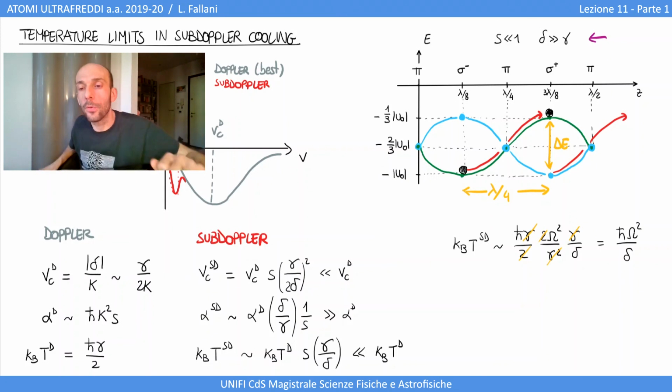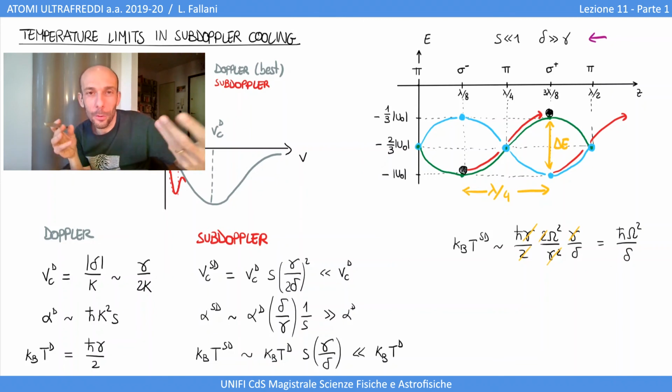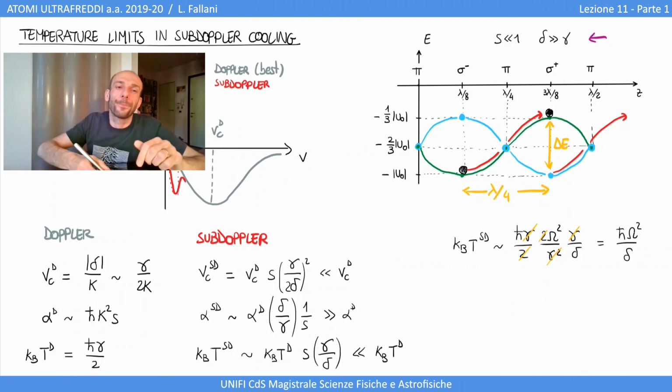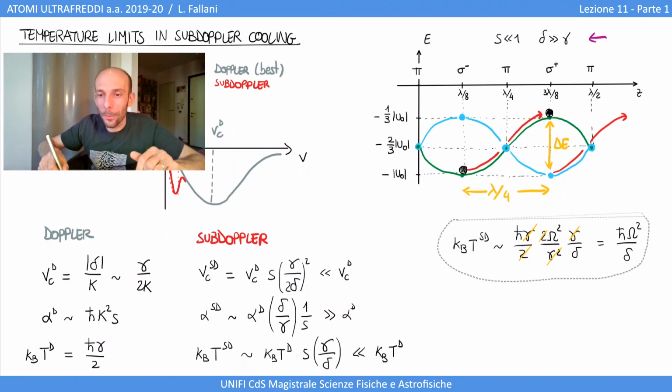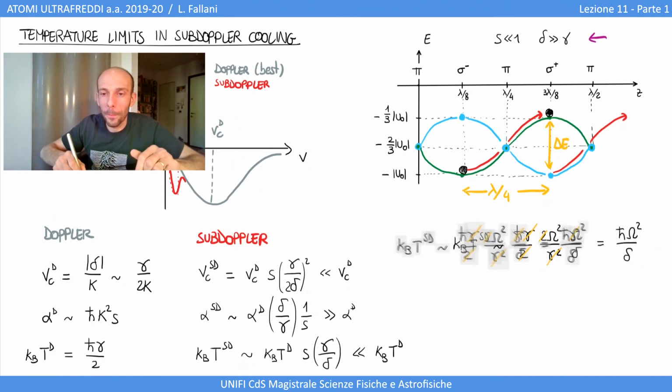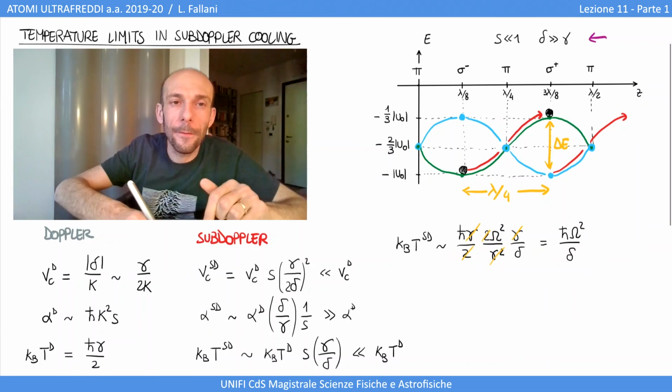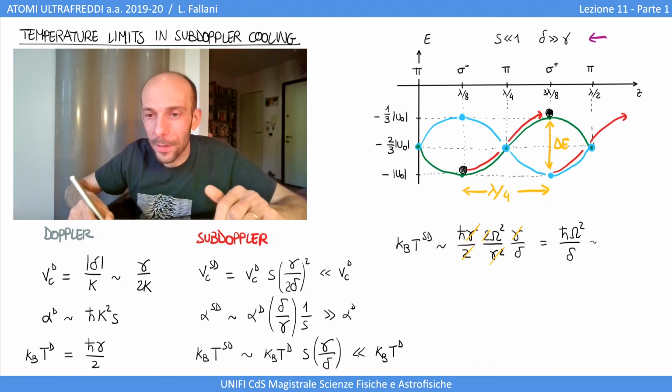the orders of magnitude. And so you can see here that for this subdoppler temperature, you recognize that ħΩ² divided by δ is basically a factor on the order of 1. This is the light shift. So this is what we have indicated as U0 in the plot above. And this is also an argument that you can find in books quite often.